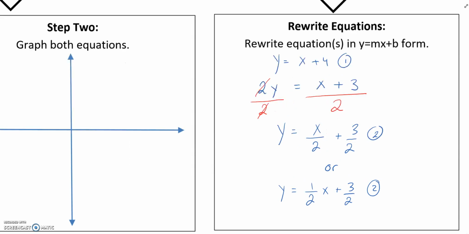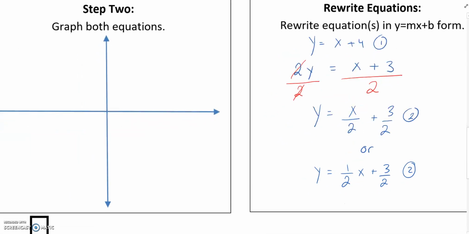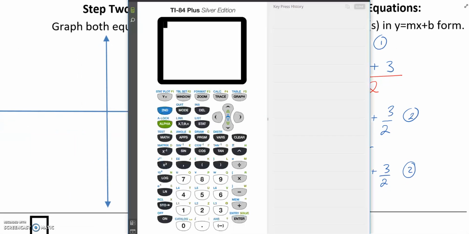Now at this point, you can take out your graphing calculator, and we're going to insert both of these equations into the y equals part. So we've done step 1, now we can move on to step 2, now that we've rewritten the equations. In your graphing calculator, you're going to go into the y equals menu, and you should see all the different places where you can put in your equations.